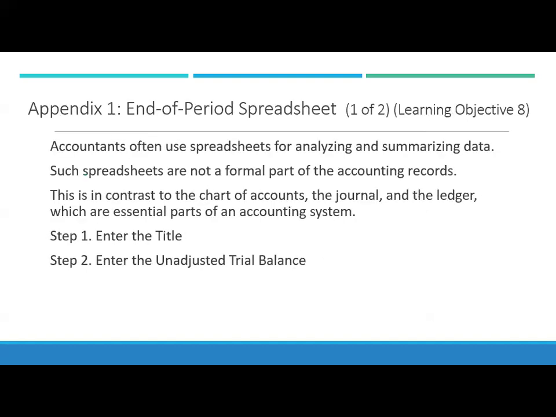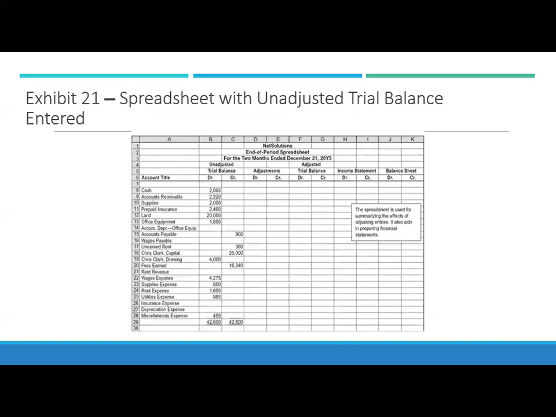We have to label the period. For example, for the 2 months ended December 31st, we label this our end of period spreadsheet. It could also be called adjusting entries worksheet or something like that, or financial statements worksheet. There's plenty of different names that we could give this if we're working in an accounting department creating this stuff.